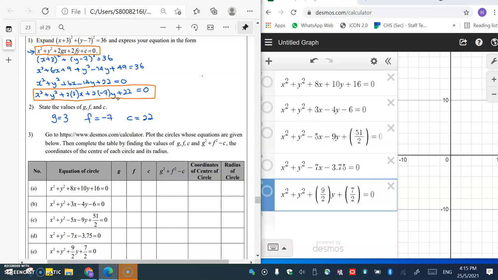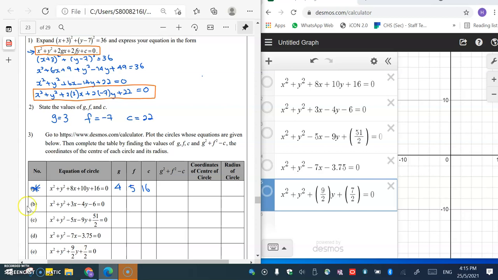Let's use part A and see what g, f, and c are. If I split 8 into 2g, I know that g is 4. If I split 10 into 2f, I will know that my f is 5. And in this case, my c is 16.